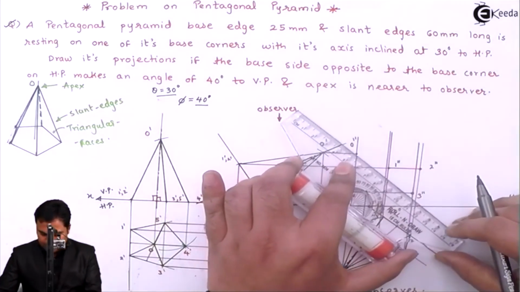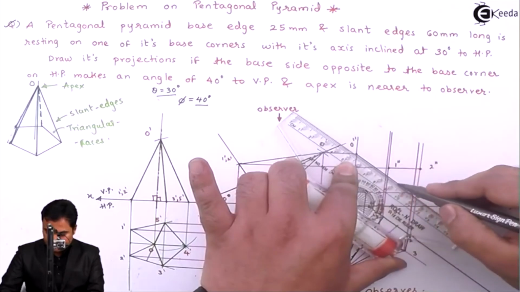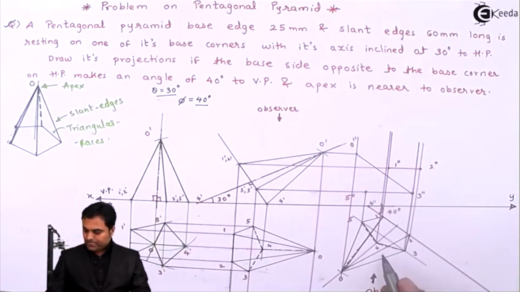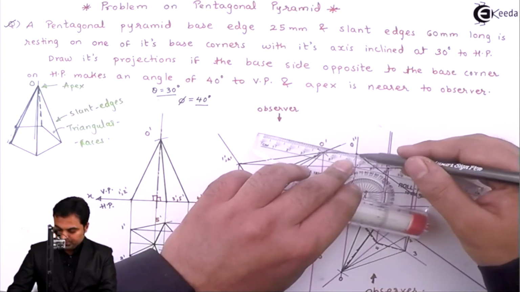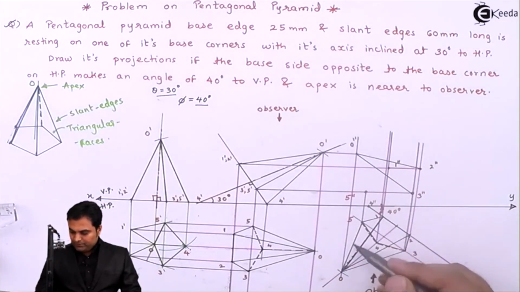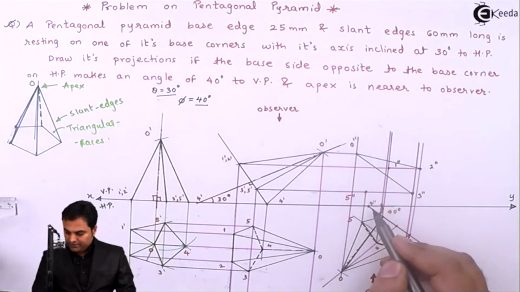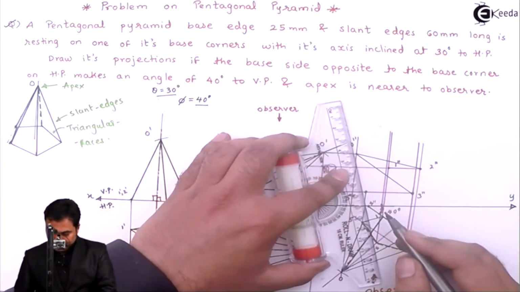So O3, that is O double dash to 3 double dash is visible. Then O2, that is O double dash to 2 double dash, visible. Next, after this, the edge O5 is going behind the observer, so this will be hidden. Means after that, O4 will be connected.